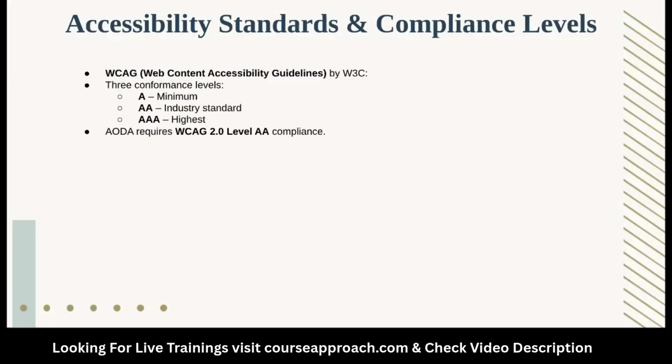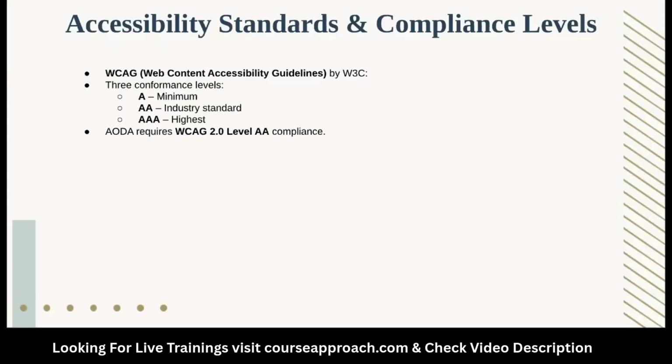In the minimum level, it should remove all the serious accessibility barriers. For example, if there is a color issue, where the website has very low contrast colors, people with color blindness will not be able to perceive that information.